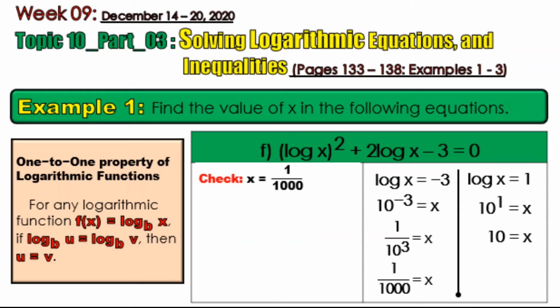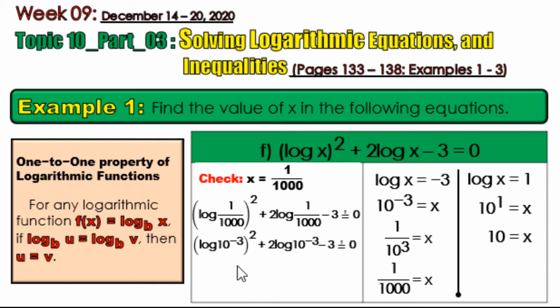Let us start with 1 over 1000. Substitute: x is 1 over 1000, and the other x is also 1 over 1000. Let us see if it is equal to 0.